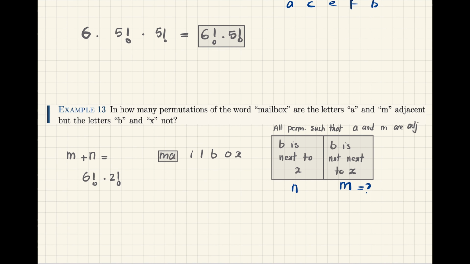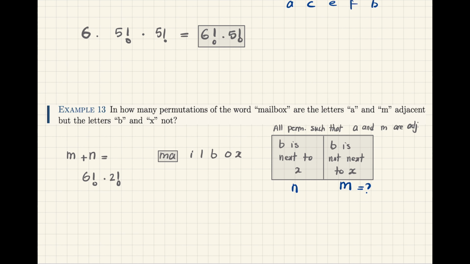Okay, but then I want to calculate N. This one tells me that B is next to X. A and M are already next to each other, and on top of that, we want B and X next to each other.